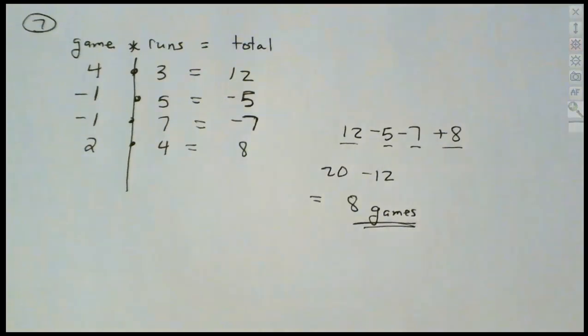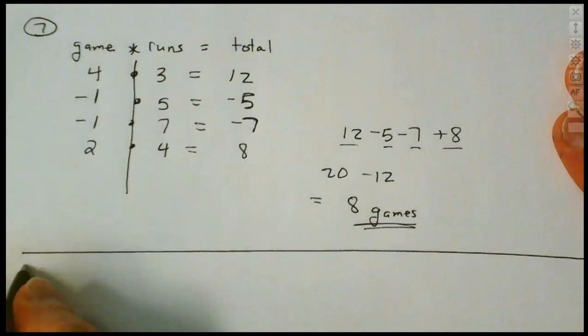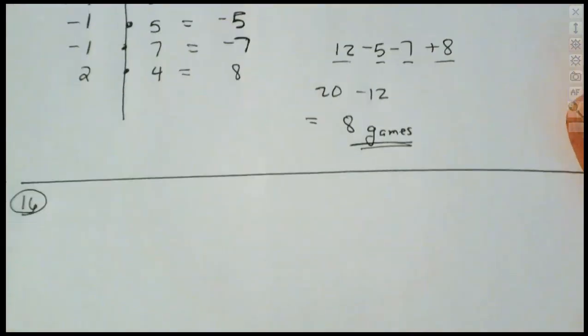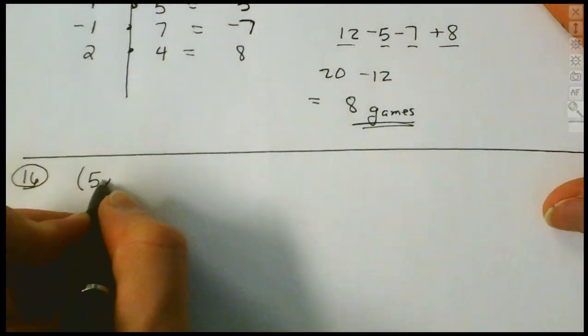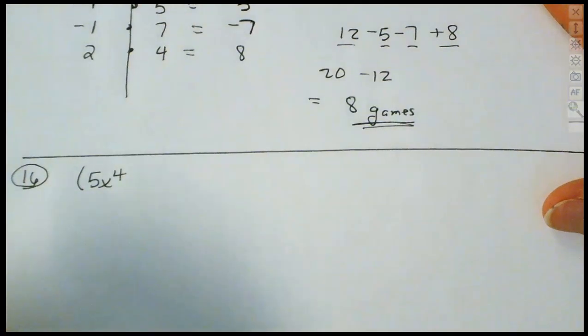I want to look at a couple more just to make sure we don't make mistakes and get confused. We've covered these before, but let's look at question 16. Where students may make a mistake on 16 is they might try to multiply instead of just add them together. This is not a FOIL question. We are not going to FOIL these out.